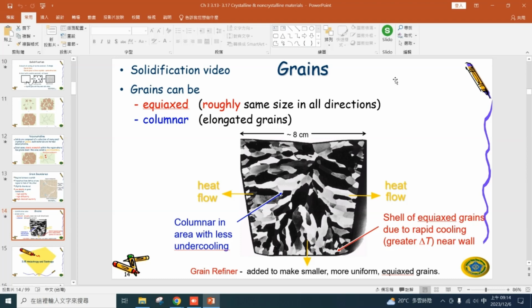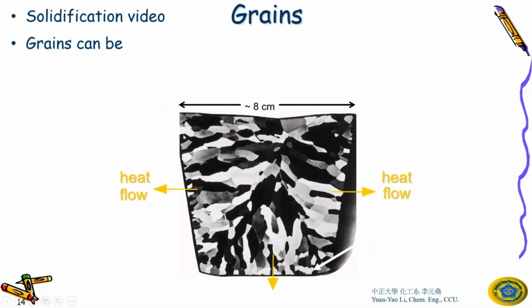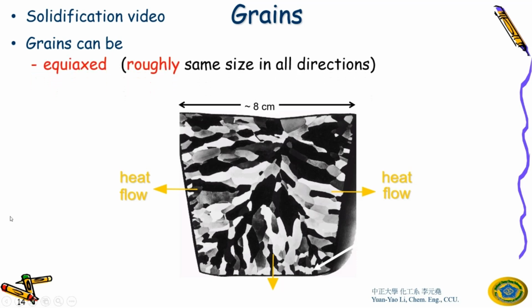molten metal, because when you pour the liquid metal into the mold, it will start to form small grains, and this is what we call equiaxed grains.